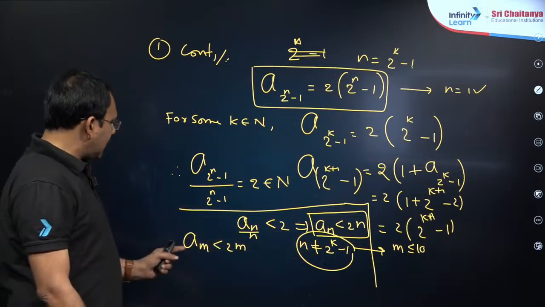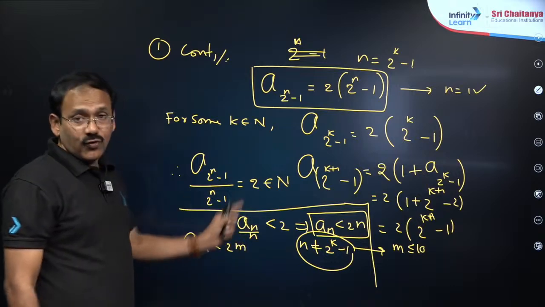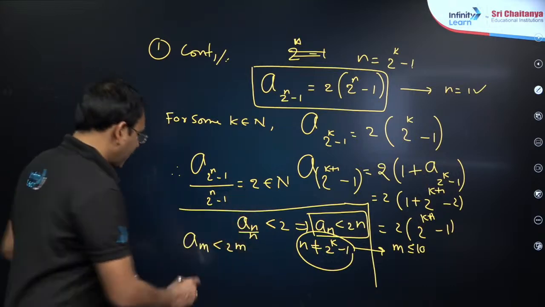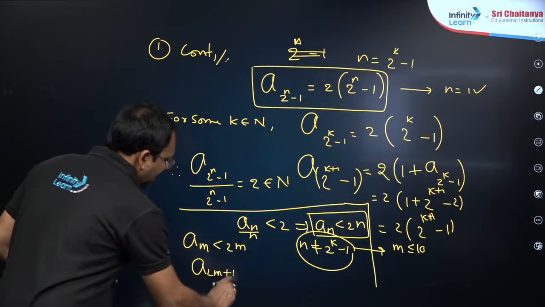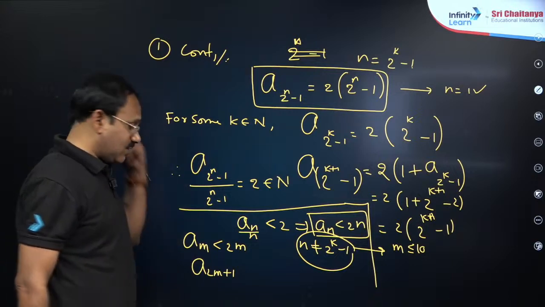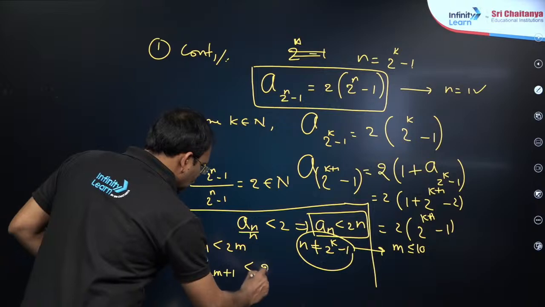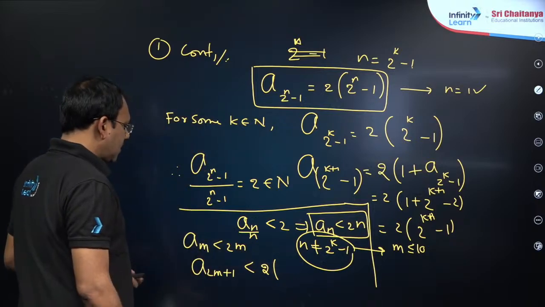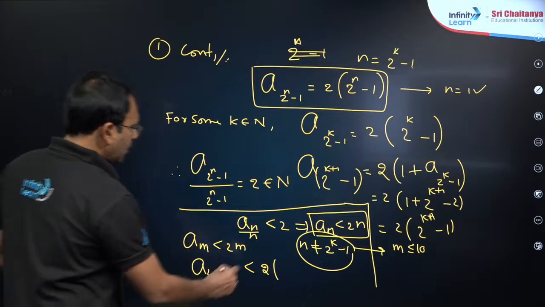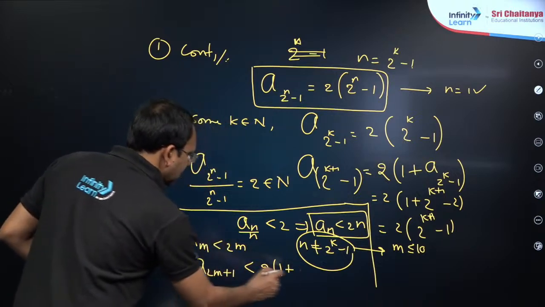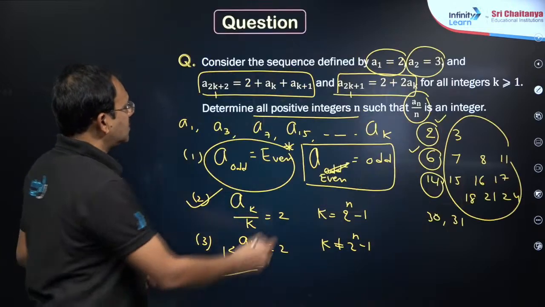How can you say? Clearly for m equal to 1 it is correct, and suppose it is true for some m, you consider 2m plus 1. By mathematical induction, a_(2m+1) is less than 2 into, from this, because it is an odd number, 1 plus a_m by this definition.